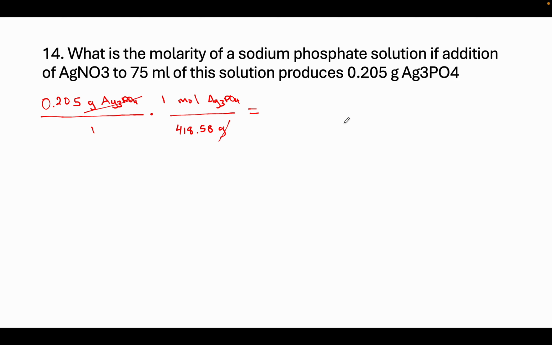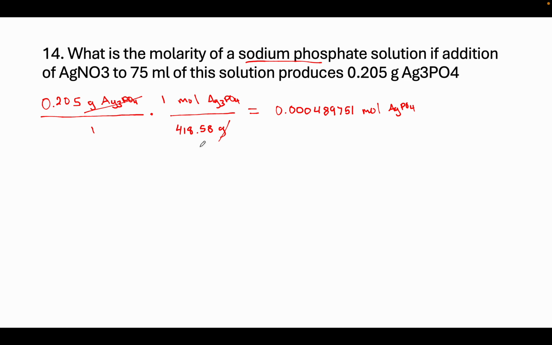We end up with moles. 0.205 divided by 418.58, we got 0.000489751 mole of Ag3PO4. Okay. Now we have to go from the moles of silver phosphate to the moles of sodium phosphate.